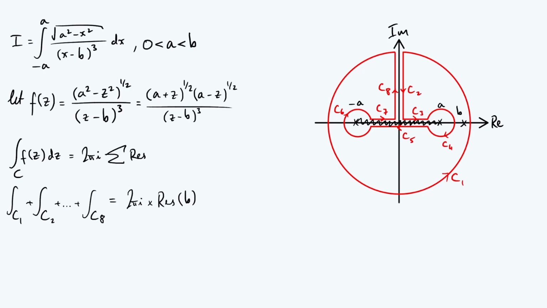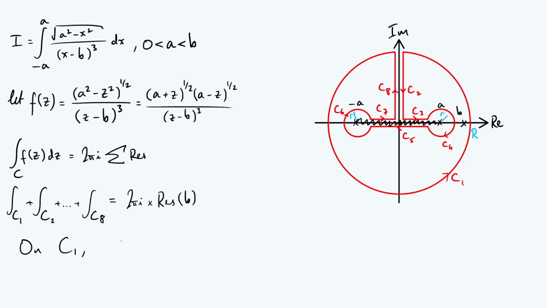In order to show that they go to zero, I do need to specify a couple of other parameters on this diagram. First of all, we're going to say that the radius of these small circles is lowercase r, and we're going to say that the radius of the large circle is capital R, and we're going to imagine taking the limit as small r goes to 0 and capital R goes to infinity. So let's think about C1 first of all, that big circular part of the curve whose radius is going off to infinity.